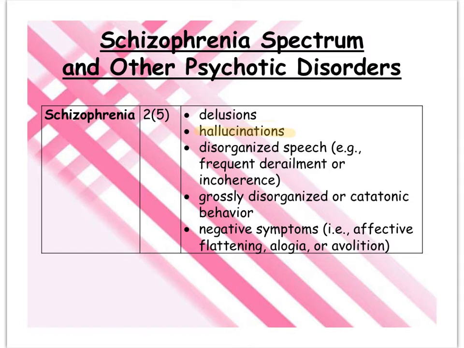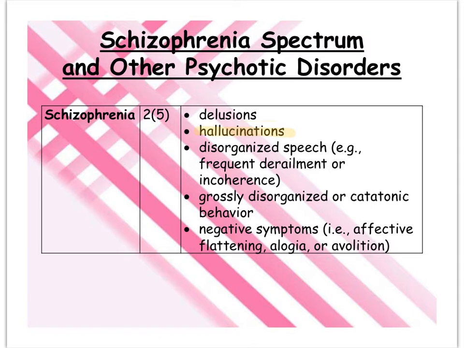And hallucination is a breakdown of your senses. So if somebody's hallucinating, they are getting sensory information. Their brain is responding, their thalamus is responding as though it has received sensory information, and yet there's been no external stimulus.